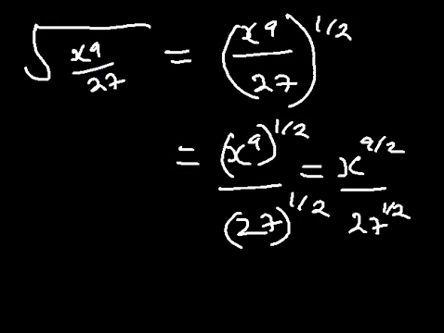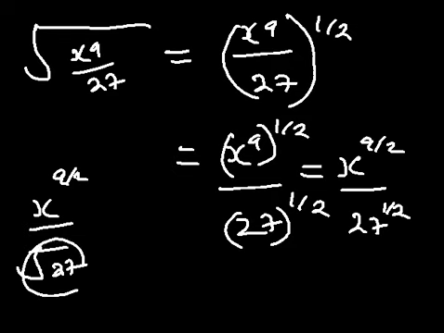In this case, you should understand that this is the same as x to the power 9 over 2 divided by the square root of 27. So do we have the square root of 27? What is the square root of 27 if we may have it?